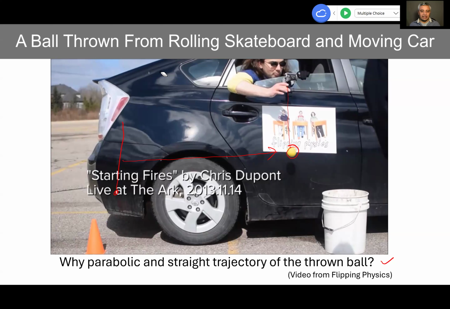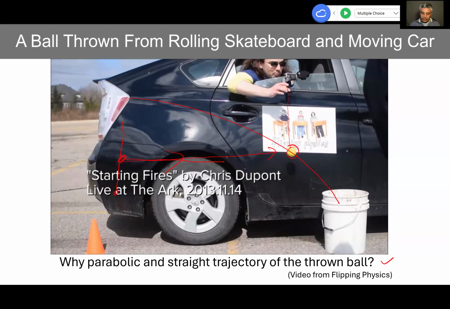Although we are sitting in the car, since the car is moving, we are also moving. So the ball was initially moving in that direction with the same speed as the car. So it follows the car in that direction because when it was dropped, it was also moving in that direction.